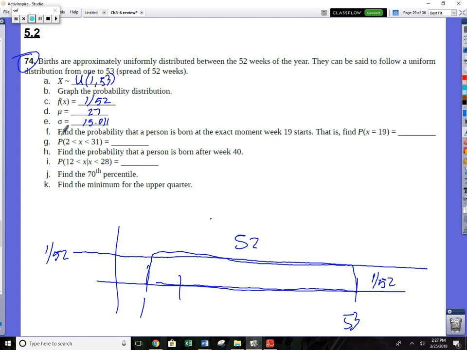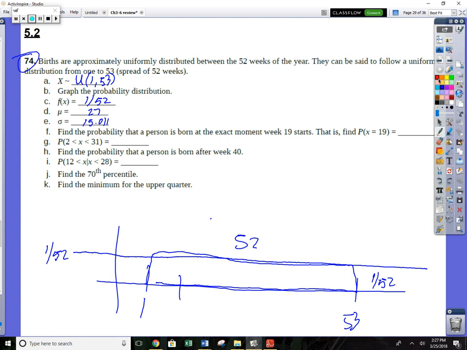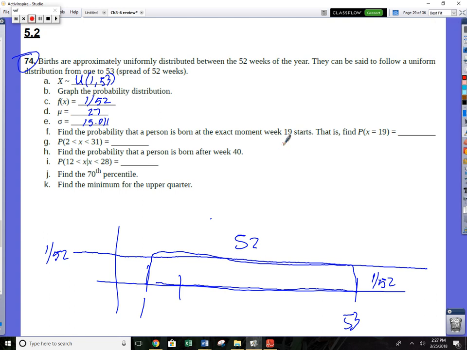Okay, F. So find the chances that a person is born at the exact moment of 19 weeks. So X is 19. So somewhere in here, 19. But I have no width, so 0. I gotta have some range. It's gotta look like G. I gotta be between 2 and 31. Let's say they want you to find the area of this.